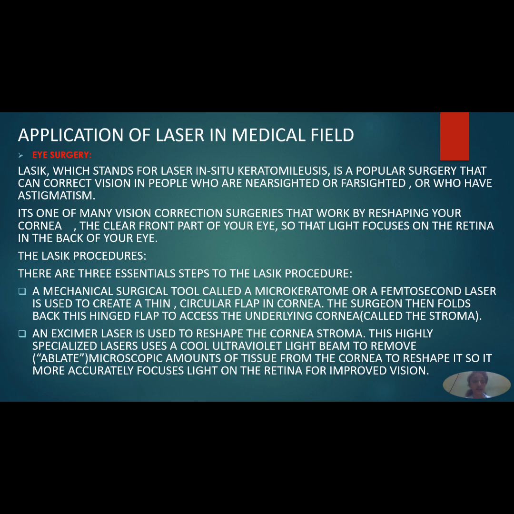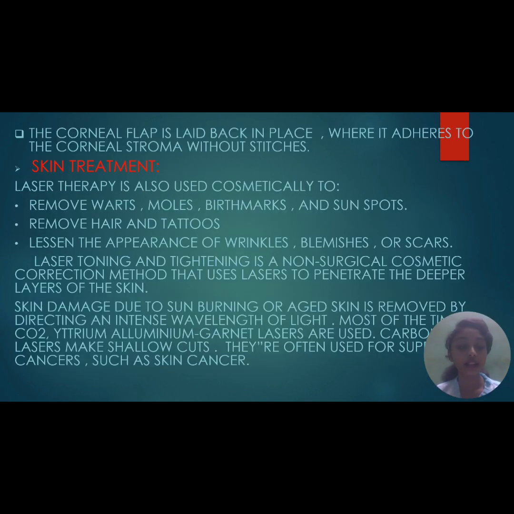This highly specialized laser uses a cool ultraviolet light beam to remove microscopic amounts of tissue from the cornea to reshape it so it more accurately focuses light on the retina for improved vision. Next, the corneal flap is laid back in place where it adheres to the corneal stroma without stitches.